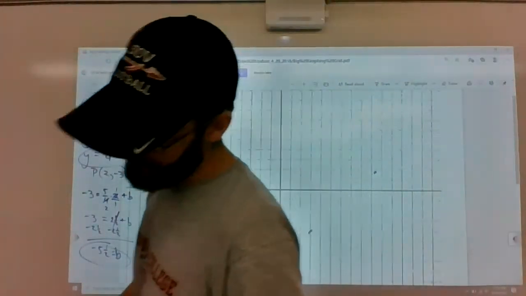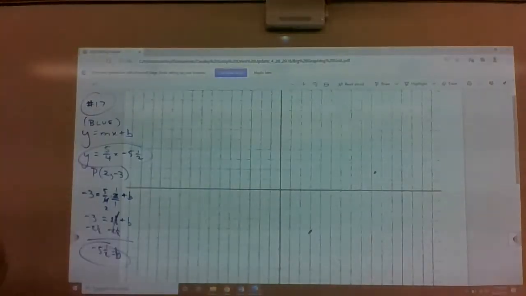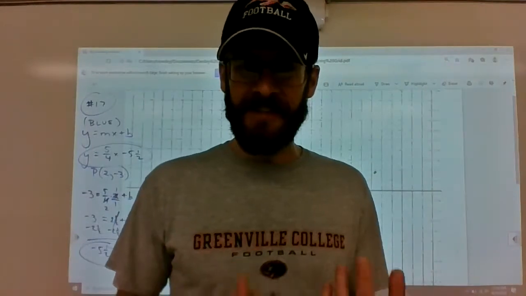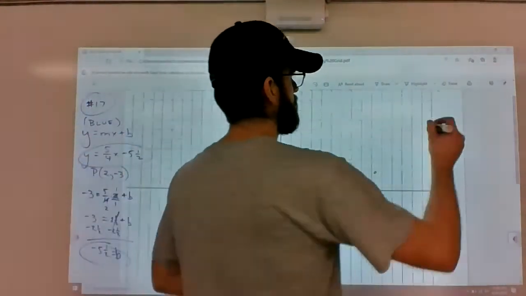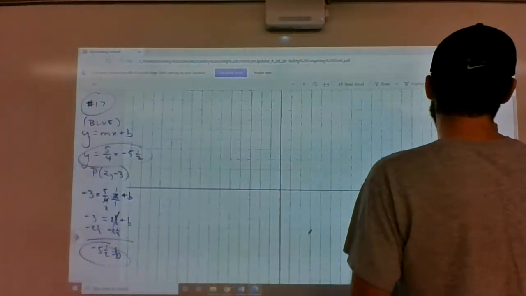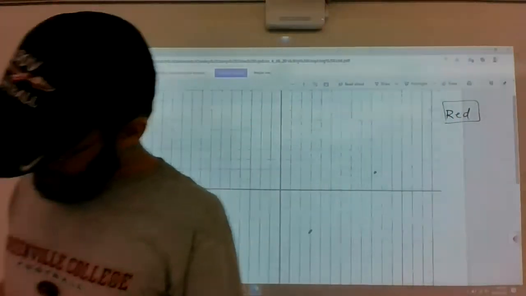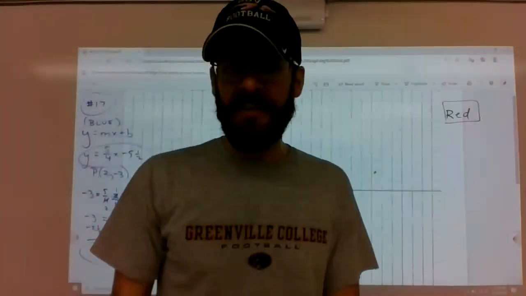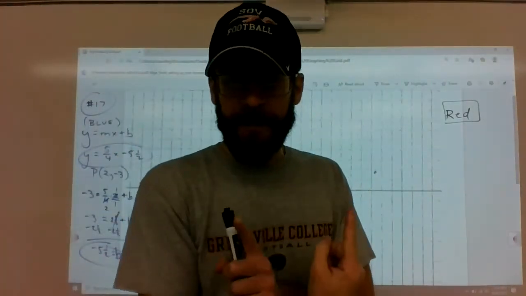For the red line, I'm basically going to do the same thing, except I'm going to have a different slope showing up. Oh, it's exactly the same thing, except it's just flipping around the rise.